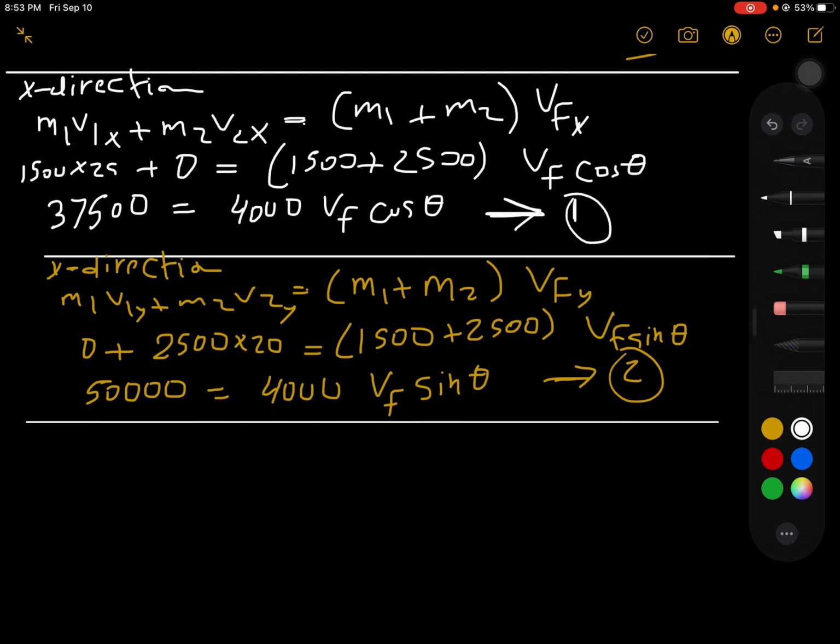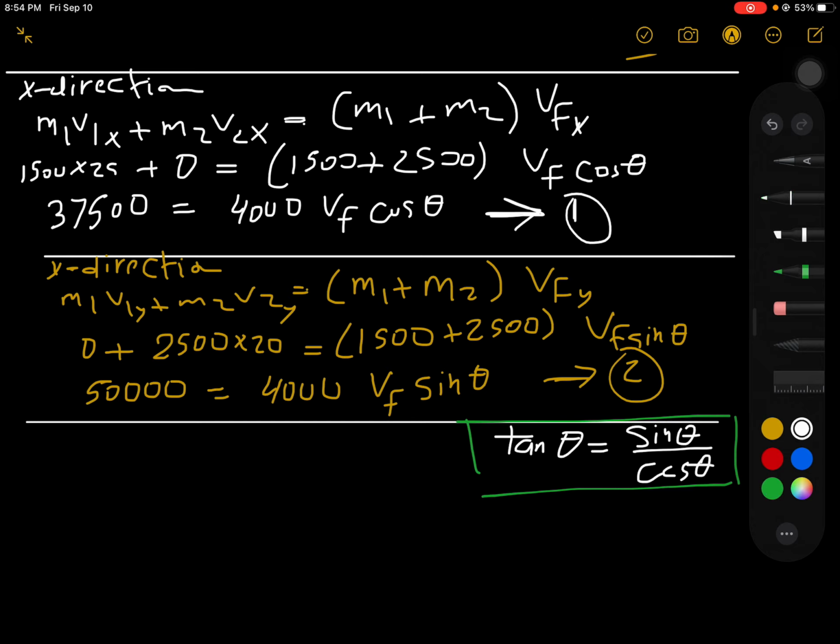Now, as you studied in math, the tangent of any angle, tan theta, equals sine of this angle over cosine of this angle. Just memorize this. We will use it later.